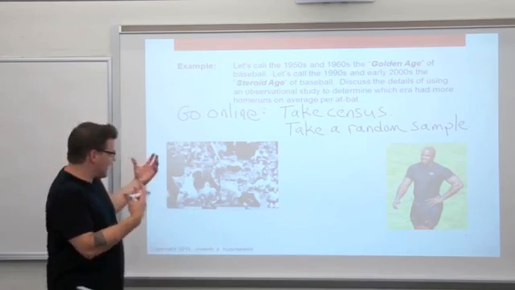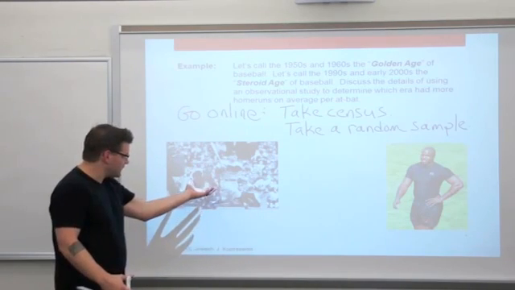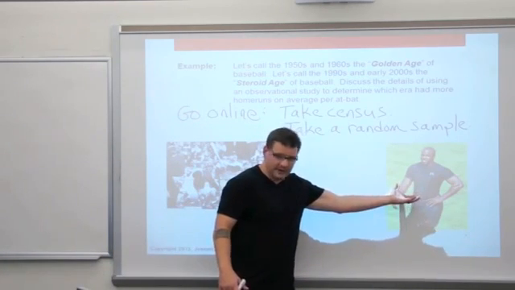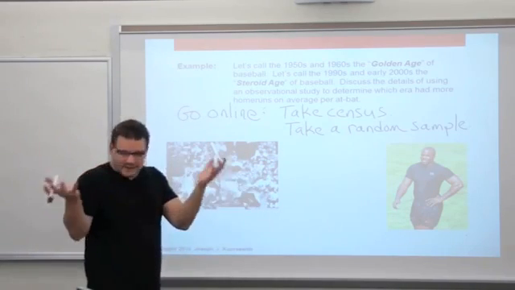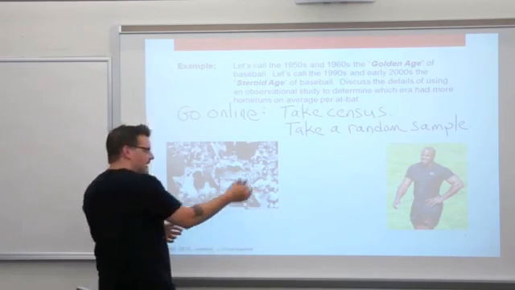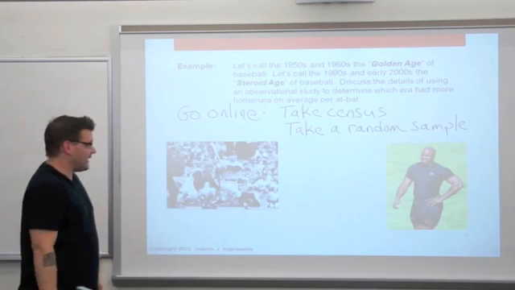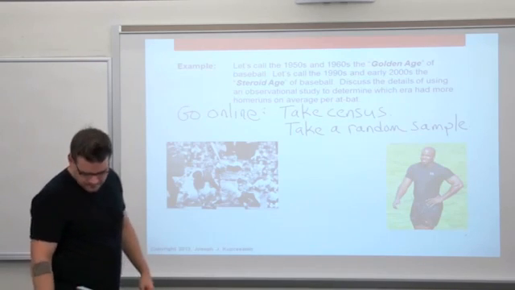I would probably calculate, say, the average number of home runs per at-bat for the golden age. I would probably calculate the average home runs per at-bat of the steroid age. And if one is vastly different than the other, I'm guessing there are more home runs that were hit in the steroid age, but I don't know. I'd have to collect the data to find this out.